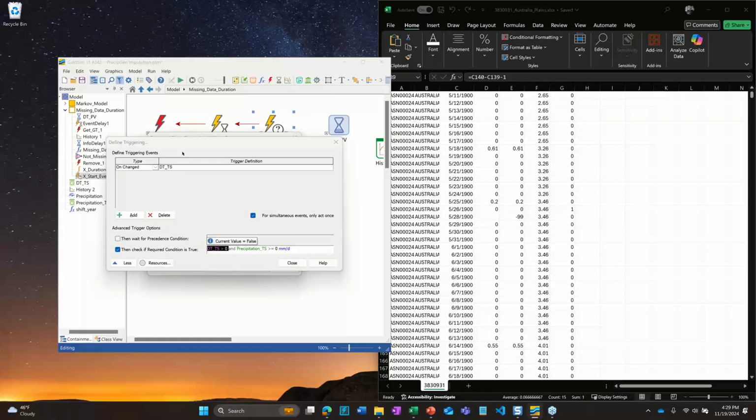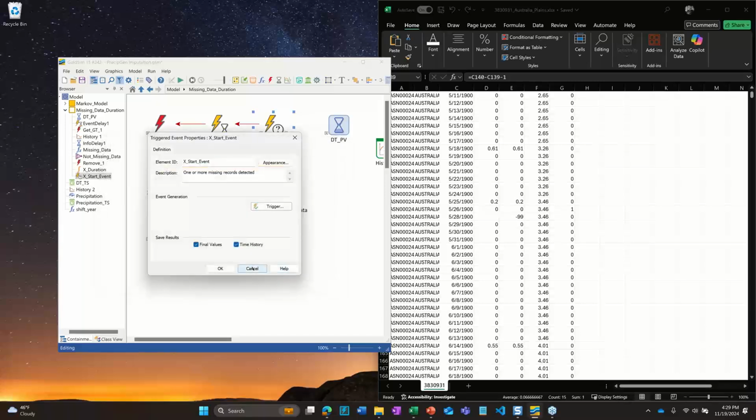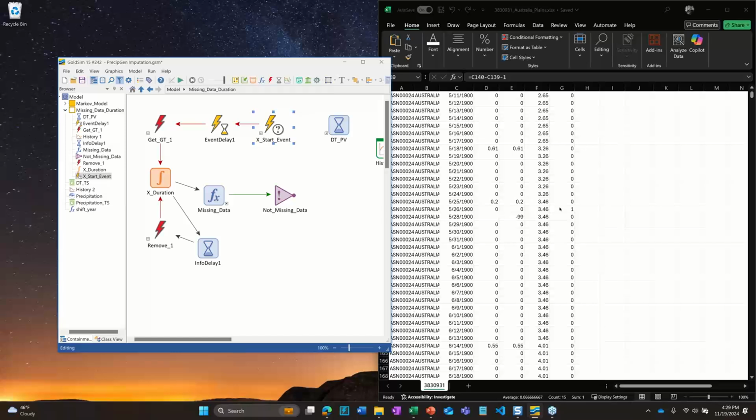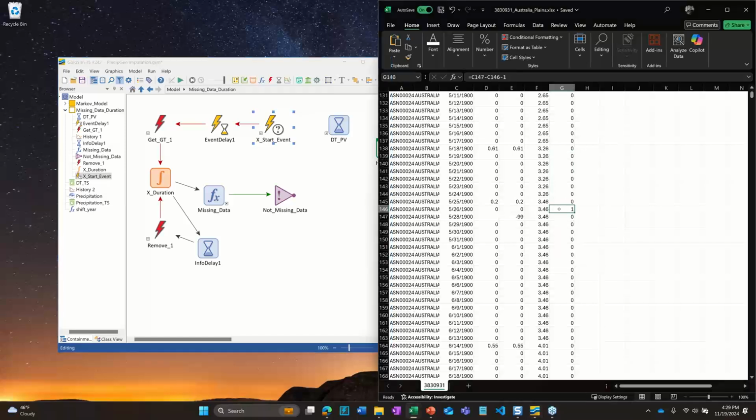I also only want to trigger an event where we're looking at missing records if this value of the time series changes. I don't want to bog down too much into all of the details of how I set this up. I will provide this model after I post the recording of this webinar, so you can have a look at it yourself. But essentially what we're doing is we're just catching those moments where we start to have a situation where we're missing a record.